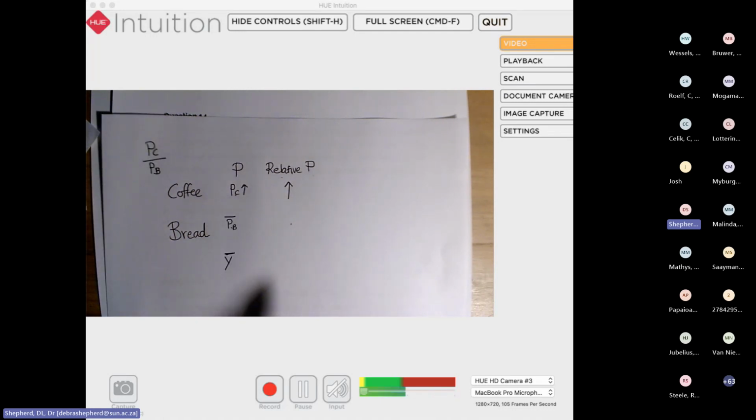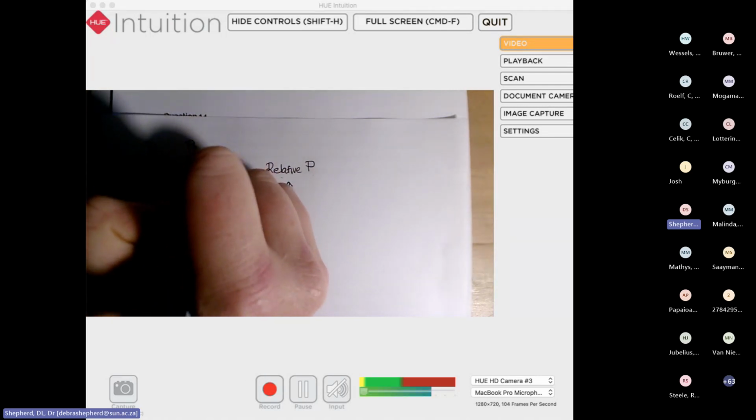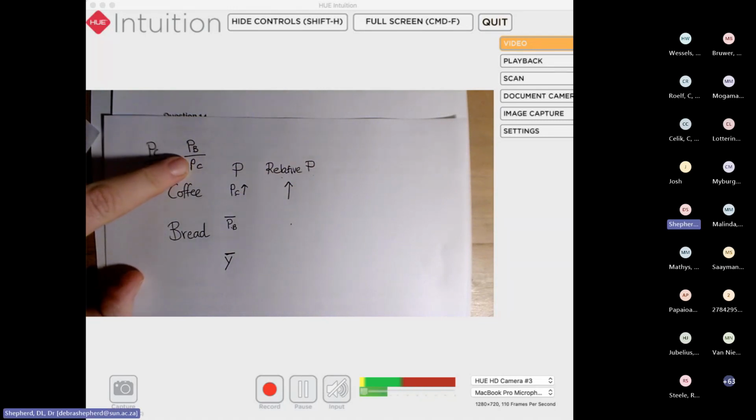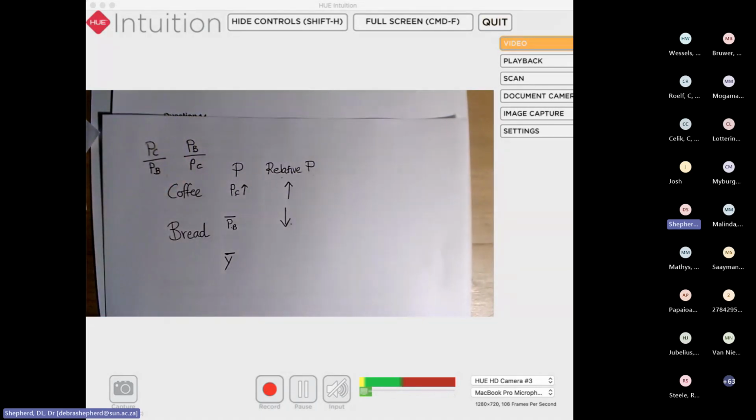How would I calculate the relative price of bread? It would be the price of bread over the price of coffee. So if this thing doesn't change, but this thing gets bigger, the relative price of bread goes down. Great. So if the price of coffee goes up, coffee becomes relatively more expensive, bread becomes relatively cheaper.